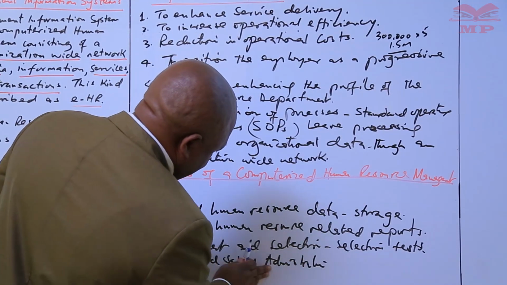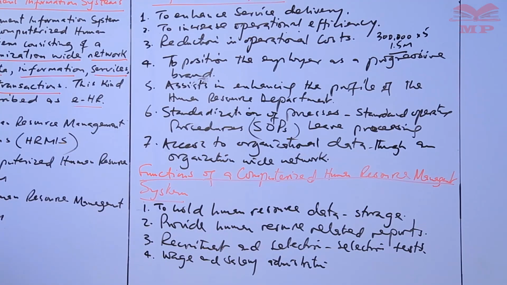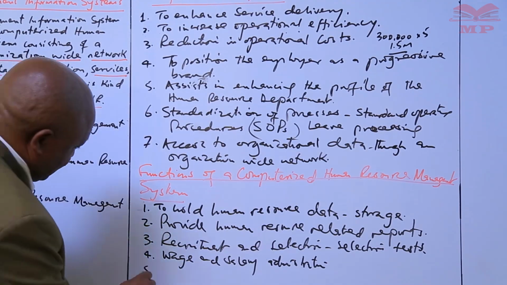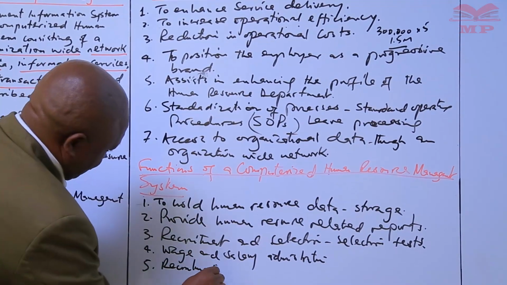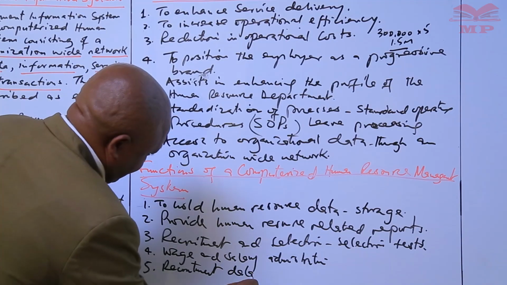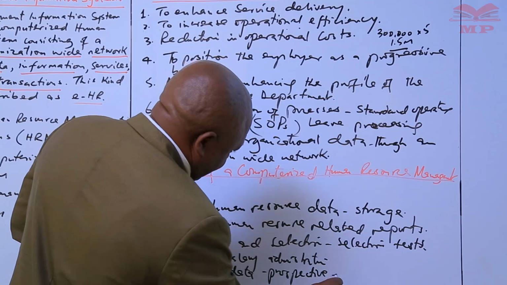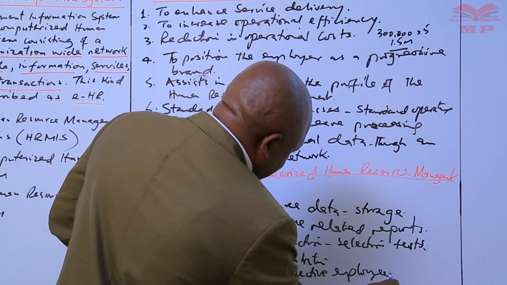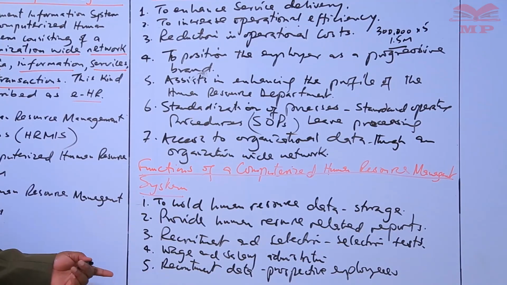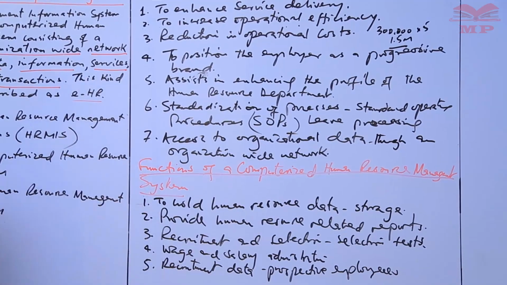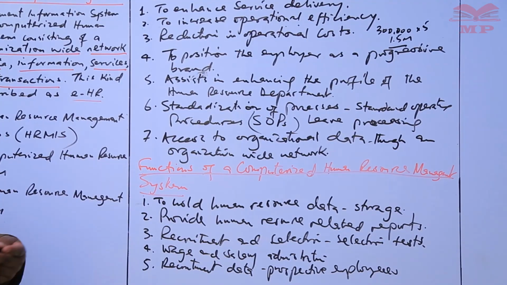That again can be done in a computerized human resource information system. Then there is also the issue of recruitment data, for example, prospective employees. Prospective employees may apply for what you call unsolicited jobs in an organization. So on a computerized human resource management system, that kind of information can be held for prospective employees.